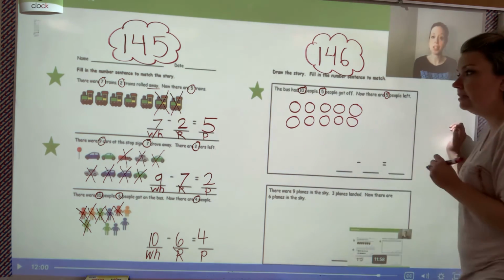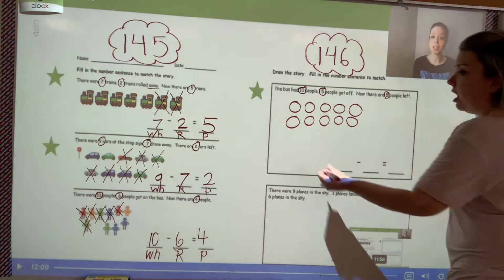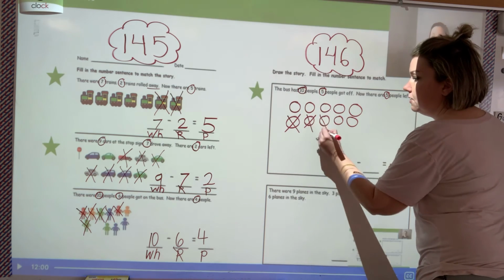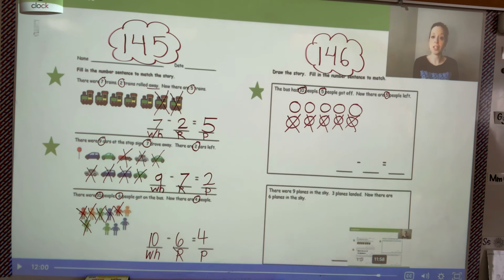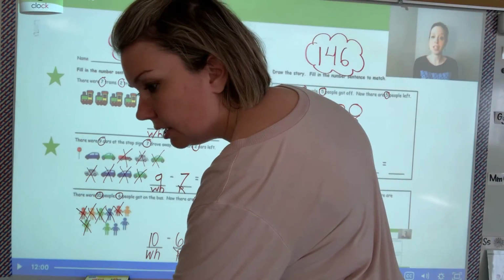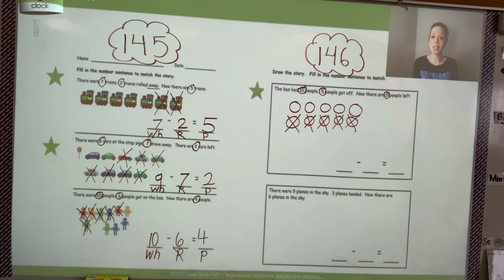So 10 people were on the bus and 5 people got off. So I need to show that 5 people are no longer on the bus. Now there are 5 people left. Who would like to raise their hand and tell me the number sentence?